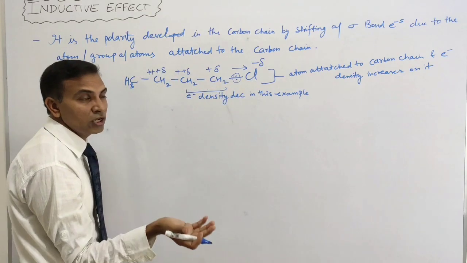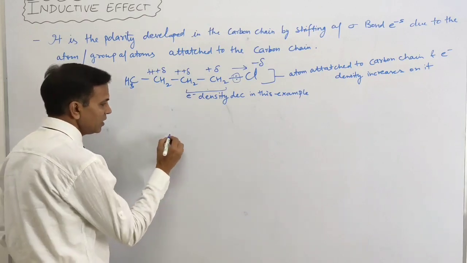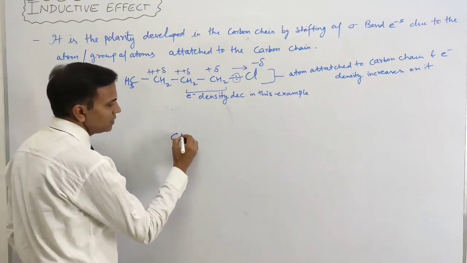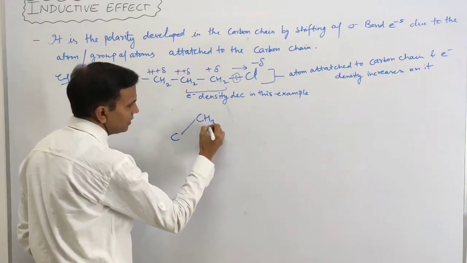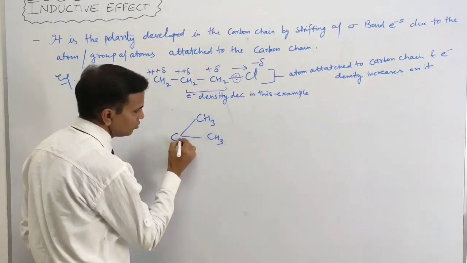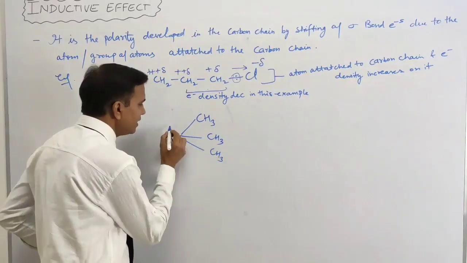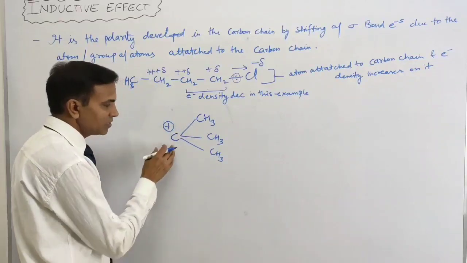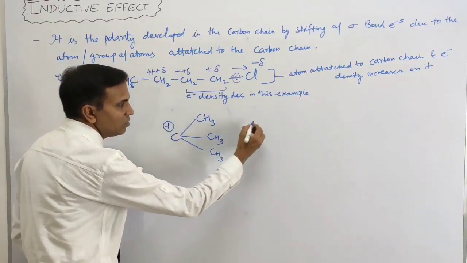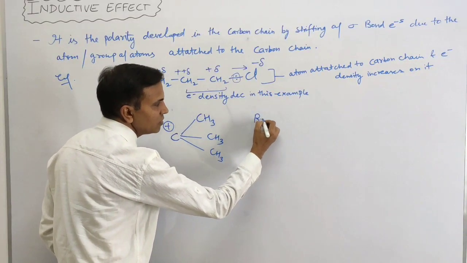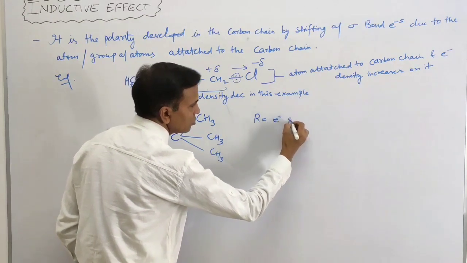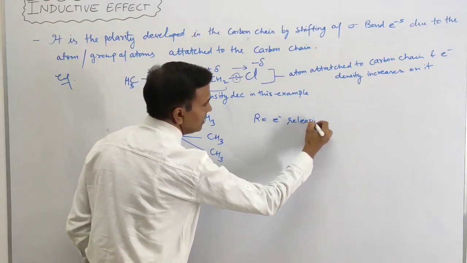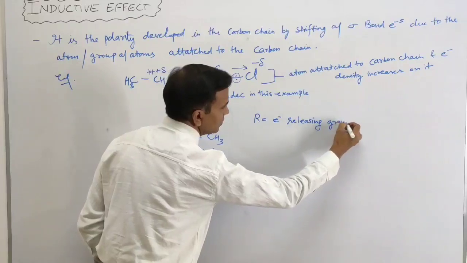One more example in which the electron density increases. So here suppose carbon is there and 3 alkyl groups are attached to it, and here is the positive charge on it. This is the carbocation. So alkyl group is an electron releasing group.